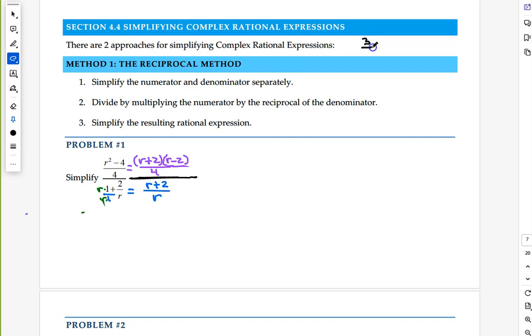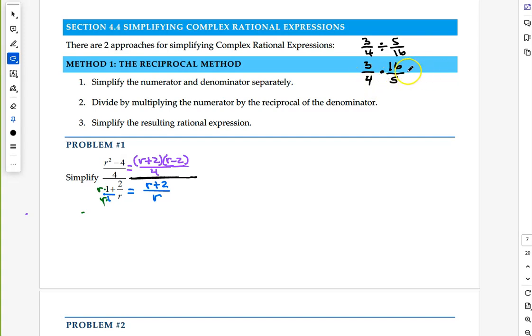If I had 3/4 divided by 5/16, how do I do this division? Do you remember? You keep that first fraction the same, change your division to multiplication, and then flip, do the reciprocal of that second one. So I've got 16 over 5.